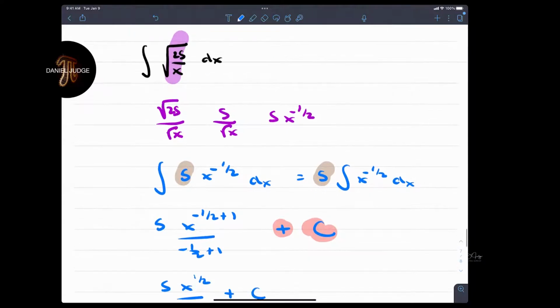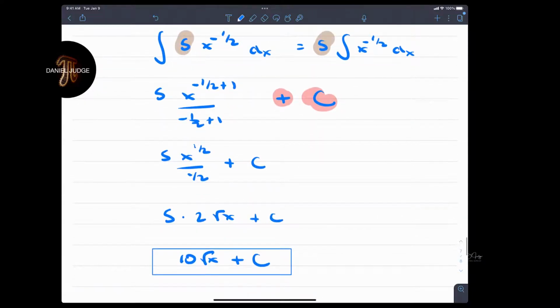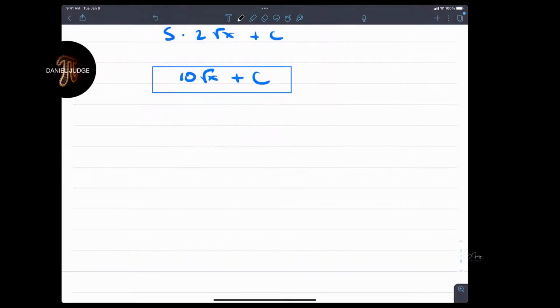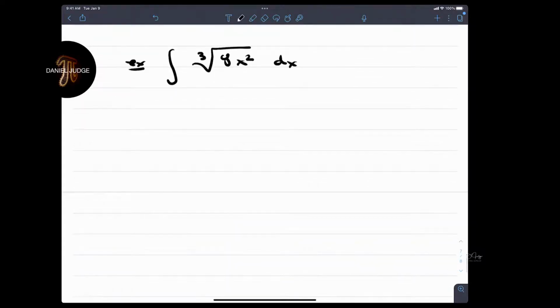And this is how we actually integrate here. Okay, so there are a lot of different looks you guys can see with these kinds of questions. They can even give you, for example, the cube root of 8x squared.